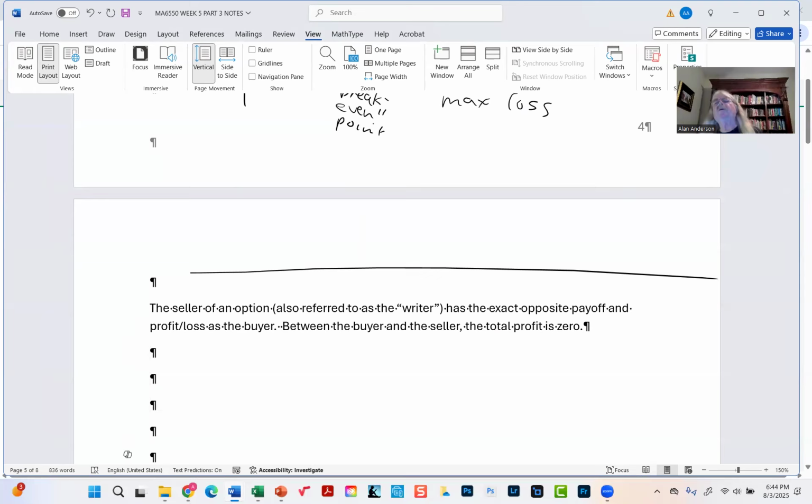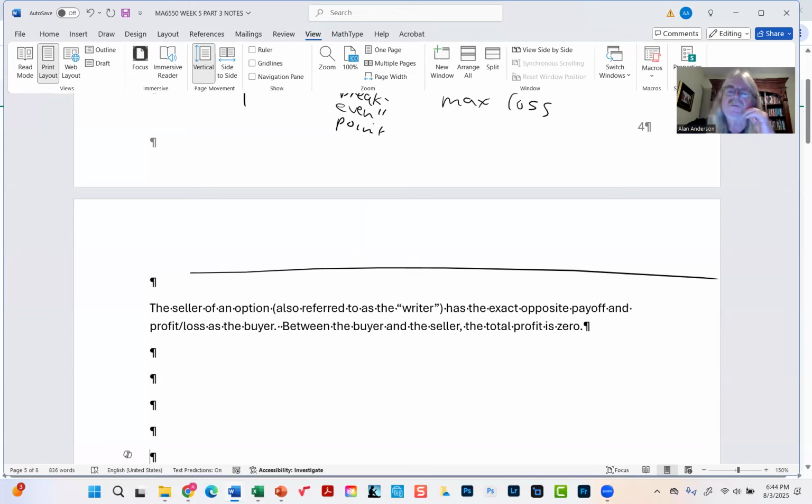Now, as I mentioned before, sometimes traders will actually take long and short positions in these options. So it's not like these are a separate category of investors in the market. The same trader, the same investor, the same market participants can both buy and sell. So buying and selling are the opposite.